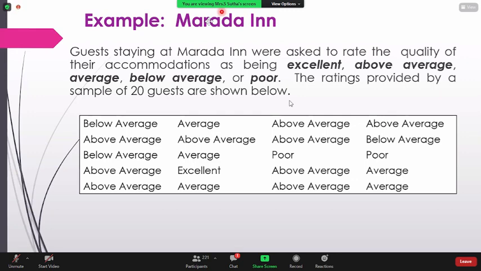The level of measurement is ordinal. Why is it ordinal? Here we can compare it. When we are looking at these two qualities, excellent and above average, we can say that excellent is more quality than above average.